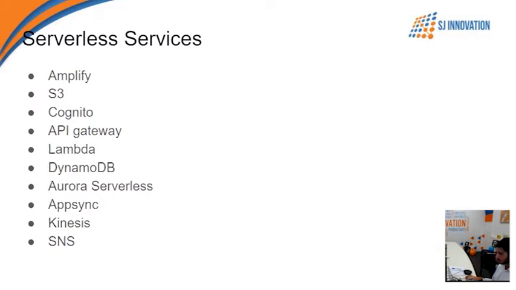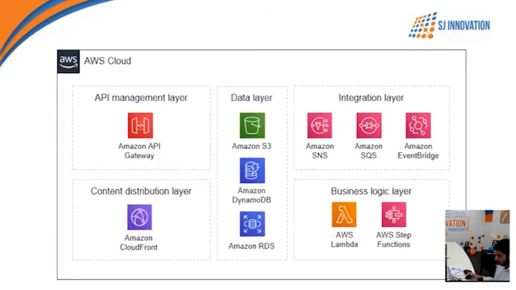So let's look much deeper into how you can work with different layers of serverless. The diagram here will give you an overview of how different layers come into the picture when we work with serverless. One of the primary layers is the content distribution layer. It is nothing but your domain where your users will go to, or the traffic that you will receive on your site.